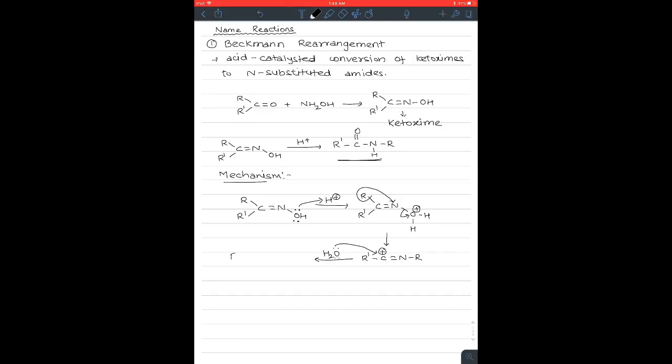If it is attacking, the compound formed will be R dash C with OH2 positive, double bond N and R. O will develop a positive charge again because it has donated a pair of electrons to the carbocation.